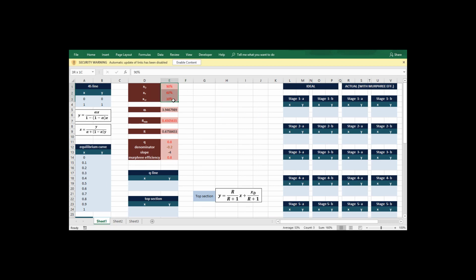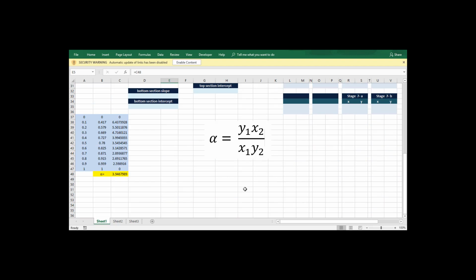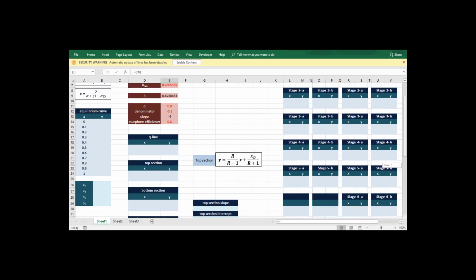I had these compositions, which are based on the more volatile component in the distillate, feed, and bottoms. I also calculated a value for alpha from the formula alpha equals y1 x2 all over x1 y2, and then got its average.